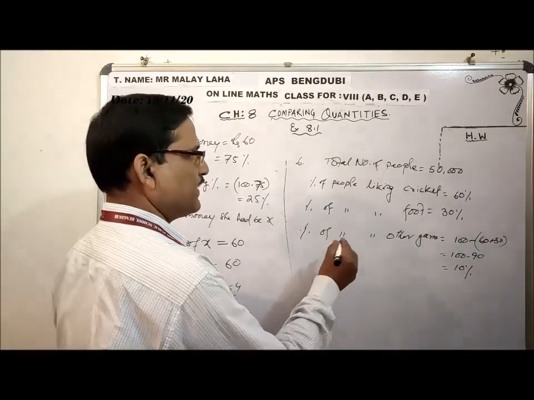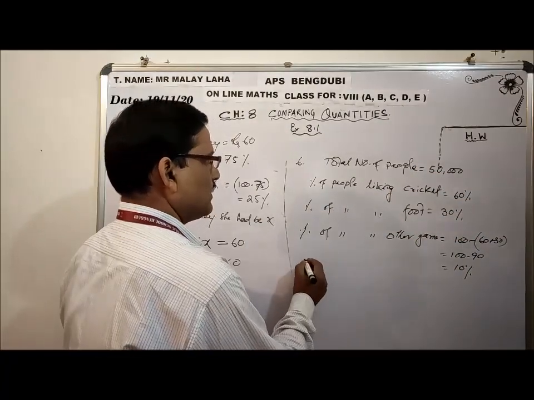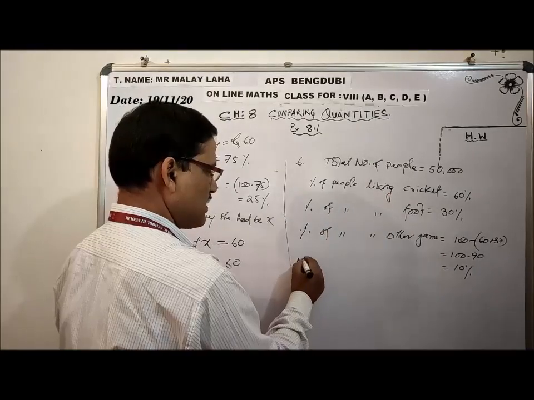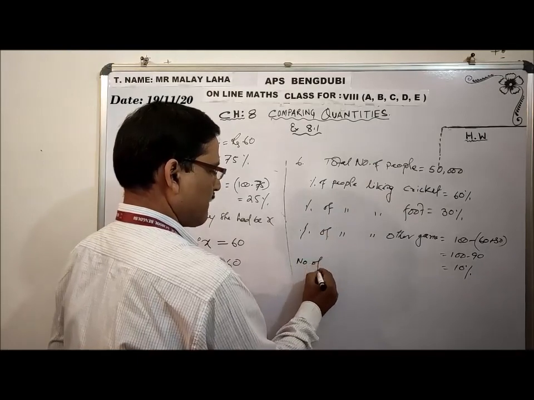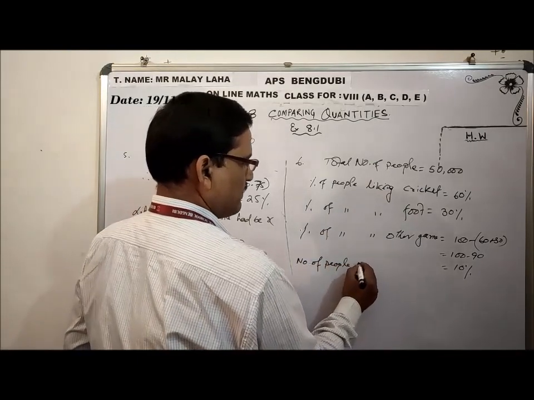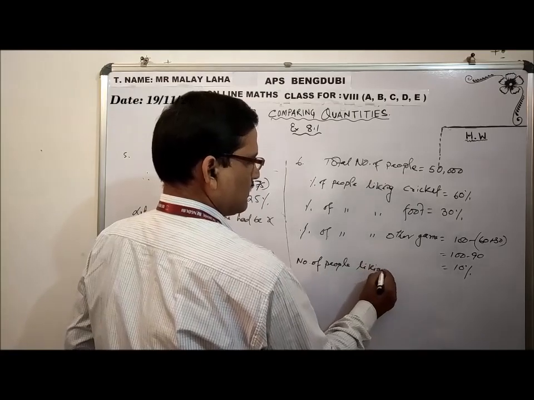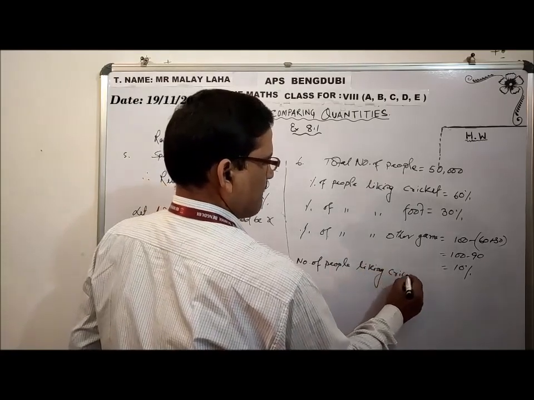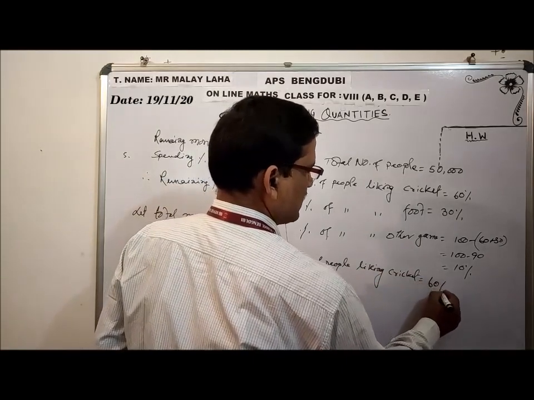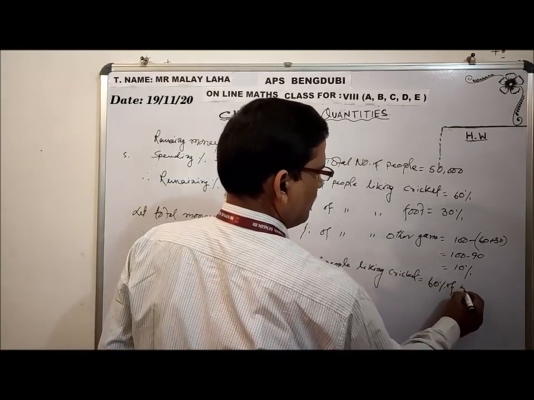How do you find the value of a percent? Now find the number of people. Number of people liking cricket is 60% of 50 lakh.